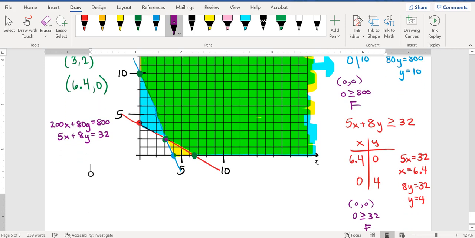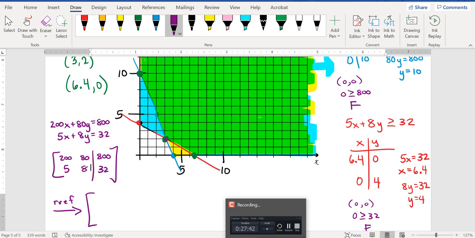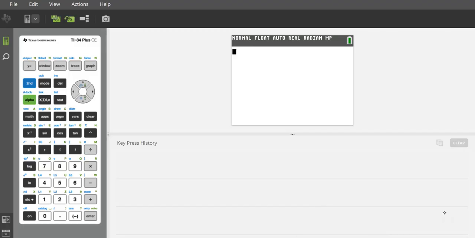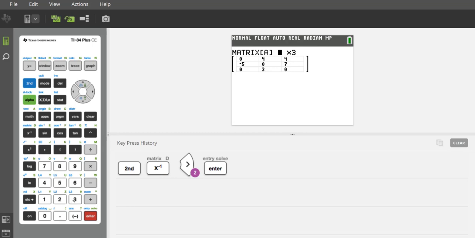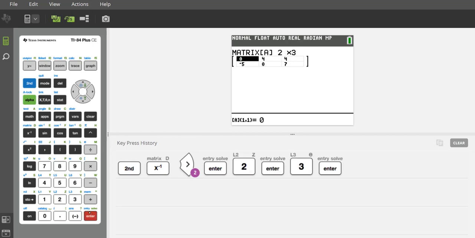Okay, let's remember what we did last chapter and do the augmented matrix. Remember doing that? And then I want to RREF it. All right, let me get the calculator pulled up. Second matrix, edit. I'm going to do a 2 by 3.